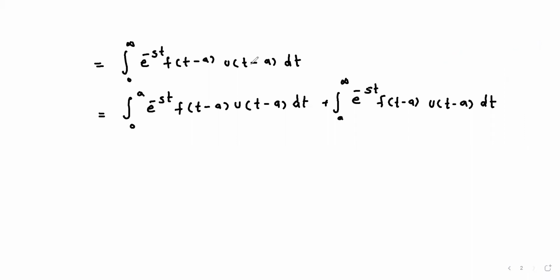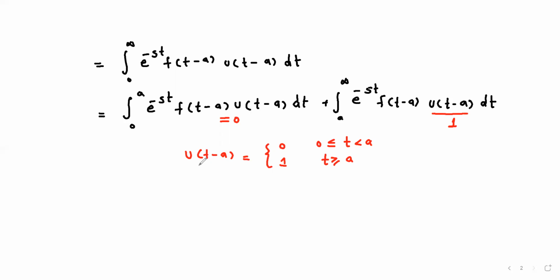Now you know that here I use the definition of the unit step function u(t minus a), which is equal to 0 when 0 is less than or equal to t is less than a, and is equal to 1 when t is greater than or equal to a. So here 0 is less than t is less than a. So this part is equal to 0, and this thing is equal to 1.